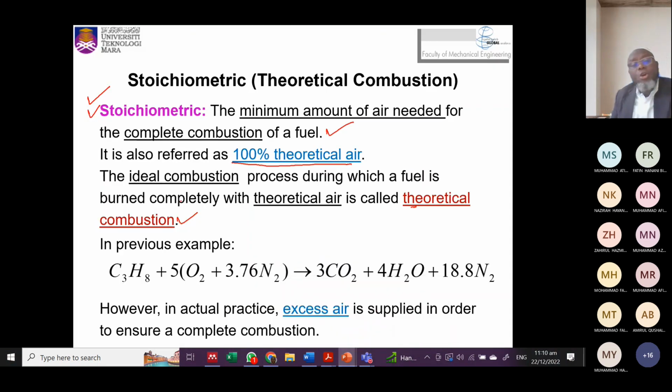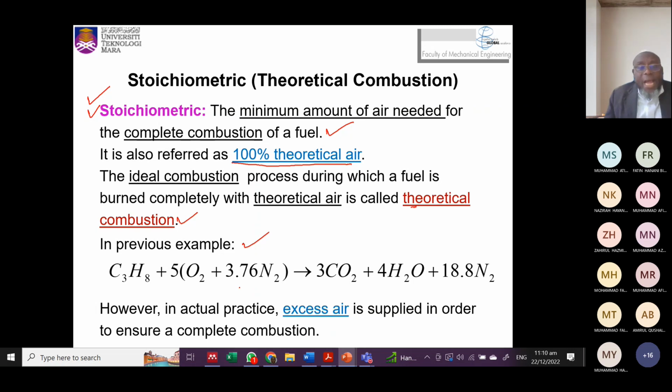So the word stoichiometric means the exact amount of air which is necessary for complete combustion of a fuel. Similarly, in the previous example, let's say we have an example over here. However, in actual practice, excess air is supplied in order to ensure complete combustion.